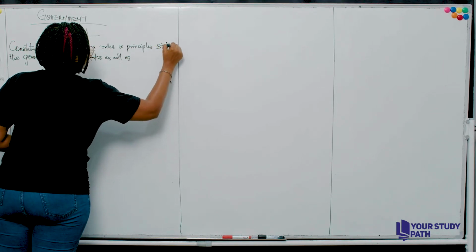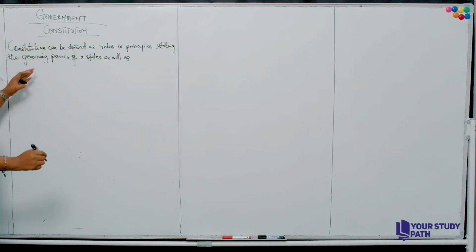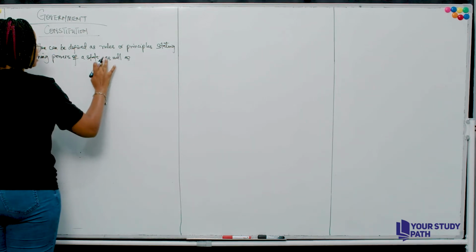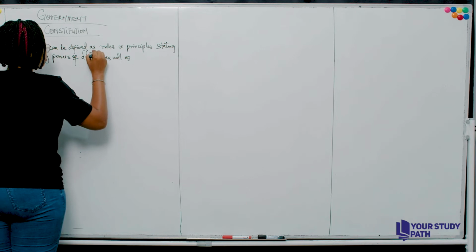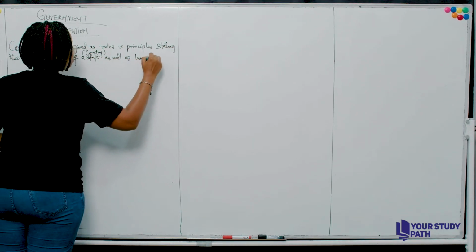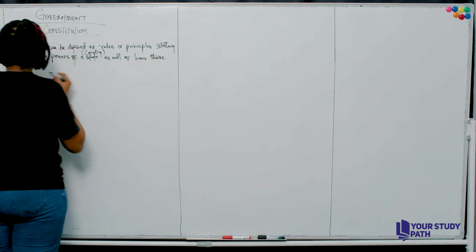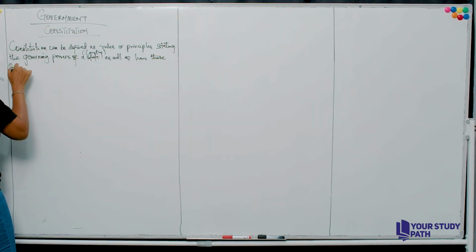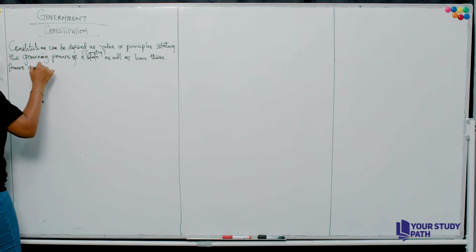That's a very important word to use there. So it can be defined as rules or principles stating the governing powers of a state. By state here, we mean country, so you can put that in brackets, country, as well as how those powers are to be exercised.